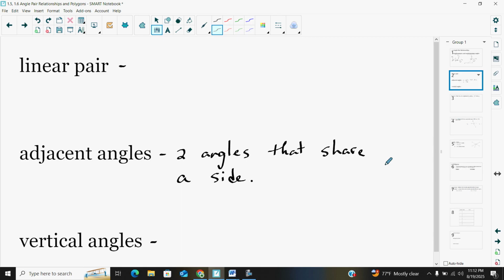Two angles that share a side are called adjacent angles. I'm going to call this angle 1, this one angle 2, this one angle 3, and this one angle 4. Angles 3 and 4 are adjacent because they share this side right here.